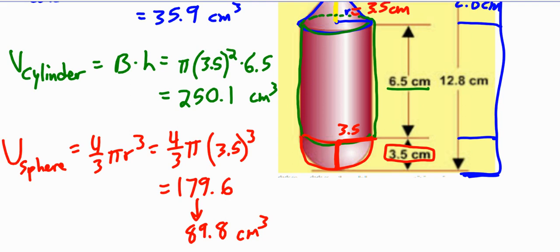And then we just add these three volumes together. We don't have to subtract anything out because it's not a surface area, it's a volume.